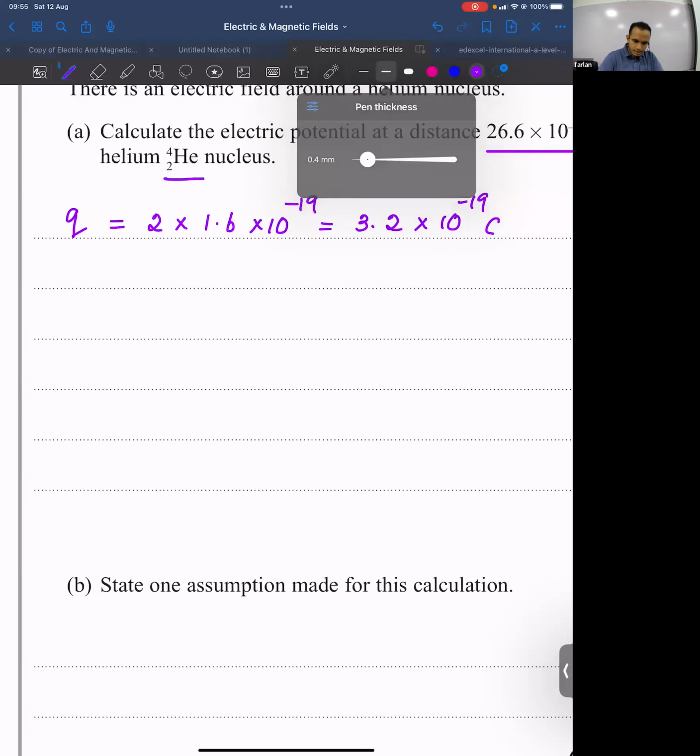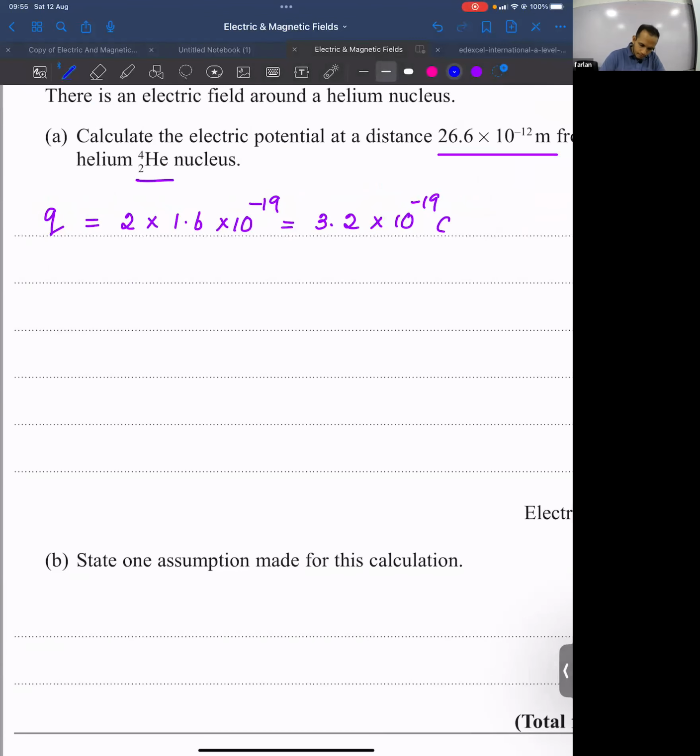So the electric potential at the given distance will be 1 over 4 pi epsilon naught into Q, which is 3.2 into 10 to the power minus 19, over R, which is 26.6 into 10 to the power minus 12.